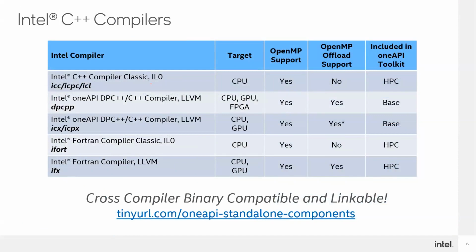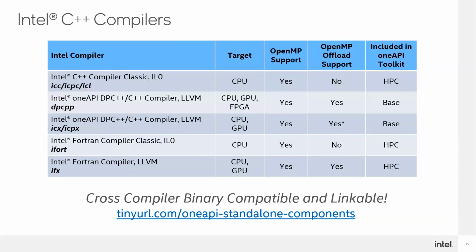One is LLVM based, and all the new compilers which provide options to do offloading to accelerators are LLVM based. While at this moment we still keep providing the classic compilers, which were based on own Intel IL0 proprietary compilation technology, own IR, own backend, and so on.